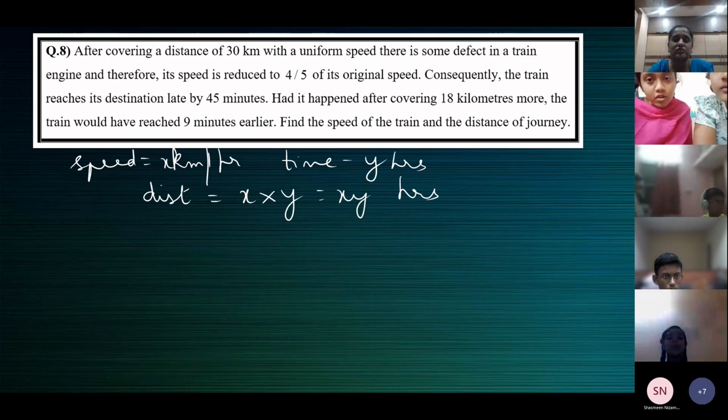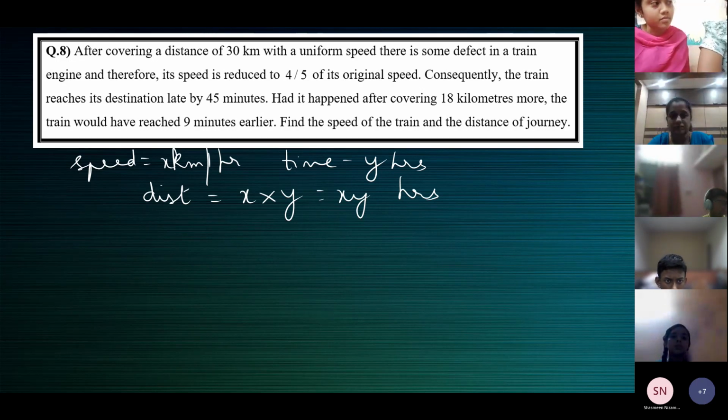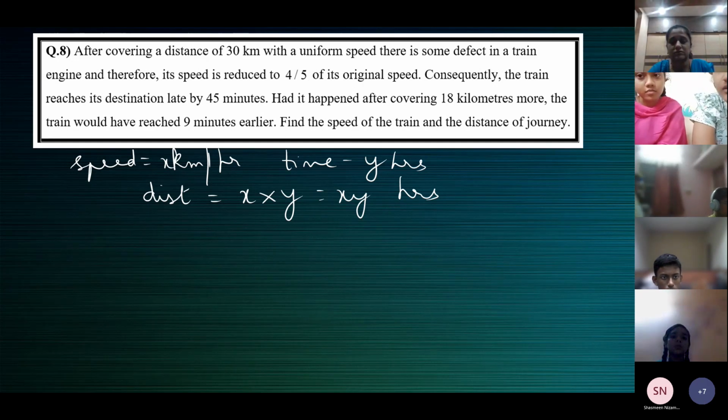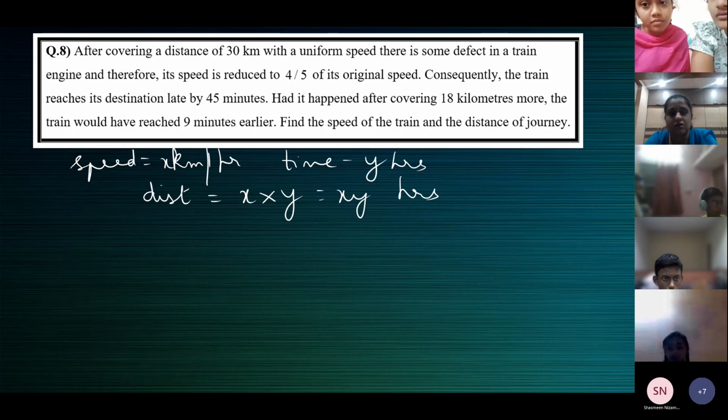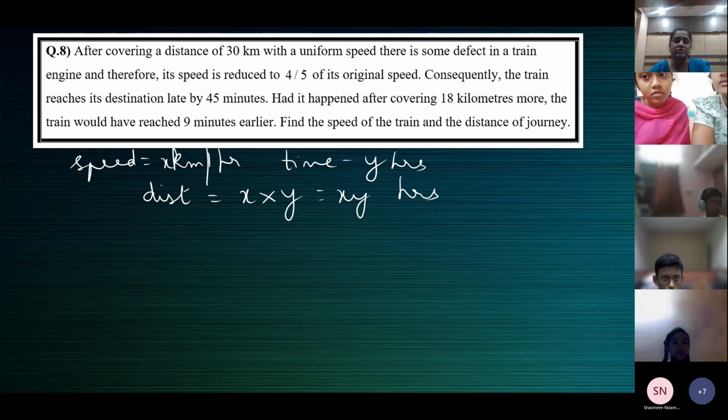What's the new reduced speed? 4/5x, ma'am. 4/5 of the original speed. So 4x by 5 or 4 by 5x.